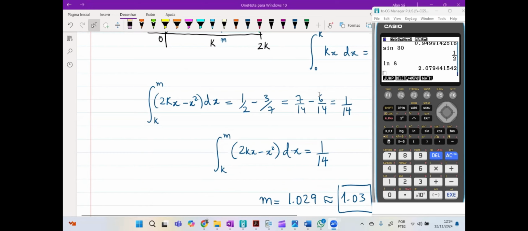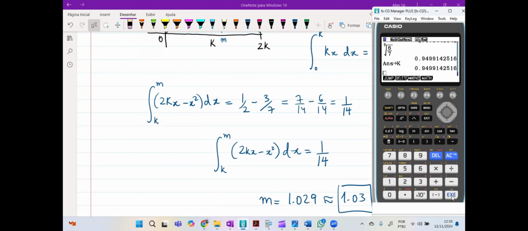We're going to do the same in the Casio calculator. First, let's find the cube root of 6/7. This is equal to this number. We're going to store it by pressing this arrow and then using a letter such as K. So we press alpha, and then the key where the letter K is.